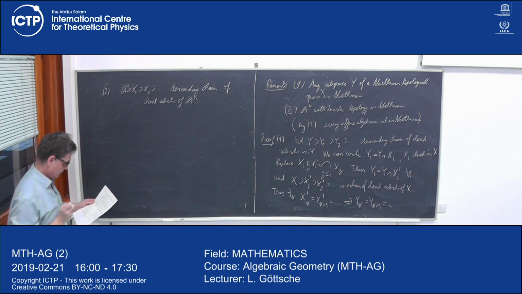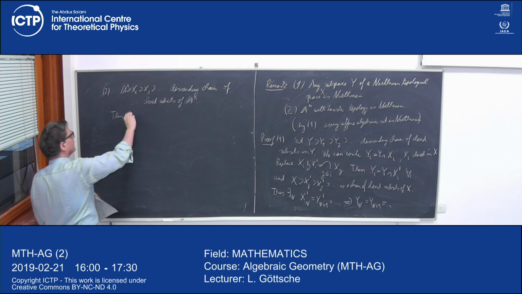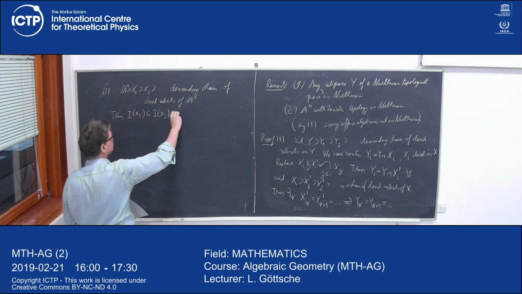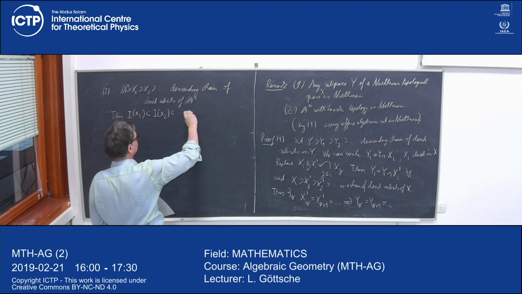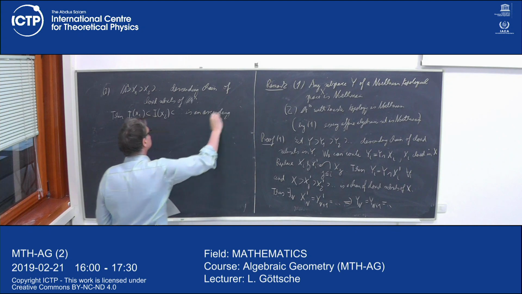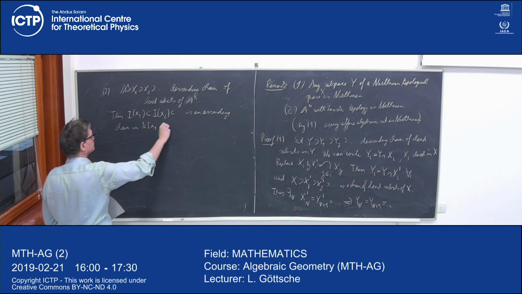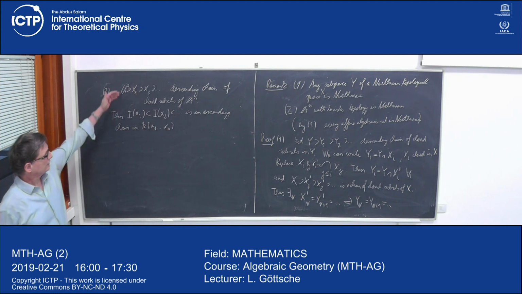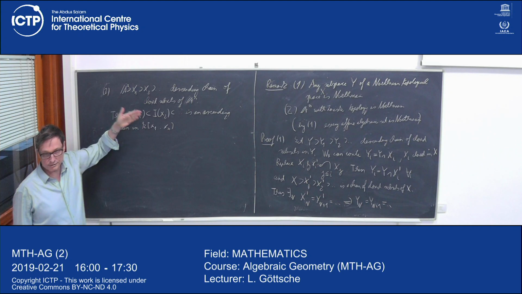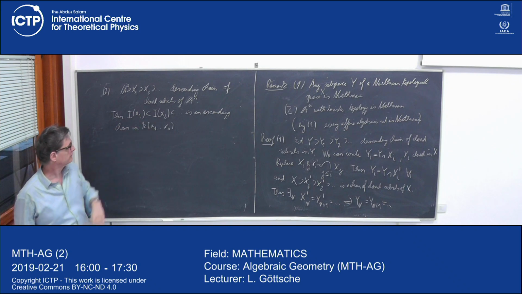Then I can look at the corresponding ideals. So I(X1) contained in I(X2) and so on is an ascending chain in k[x1,...,xn]. Because when the set is smaller, it imposes fewer conditions on polynomials to vanish there. So a descending chain of closed subsets gives us an ascending chain of ideals.